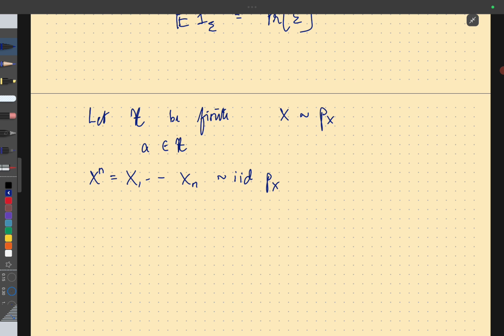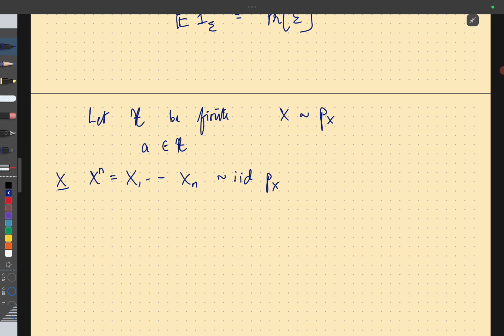Sometimes I'll just use x with an underline to indicate that this is a vector or a sequence of random variables. I'll use this underline when I don't particularly care about the length of the sequence or the length of this vector. But in most cases, I'll use this particular notation x superscript n. So I have n IID random variables all drawn according to Px, and each symbol comes from this set script X.